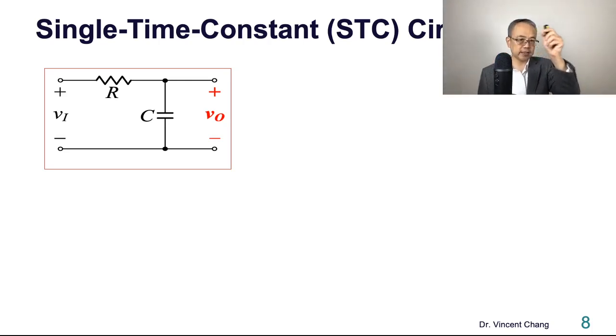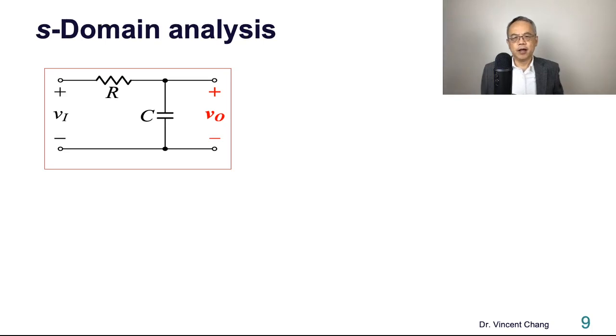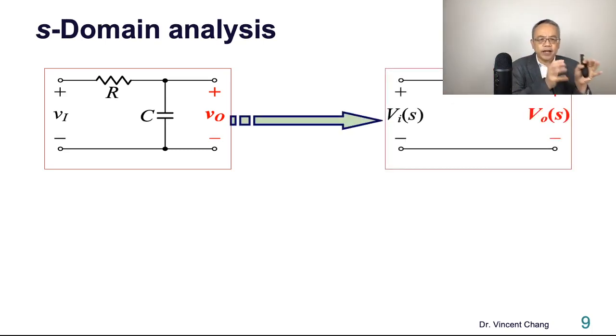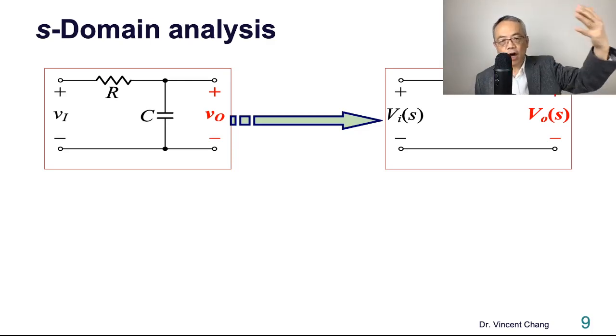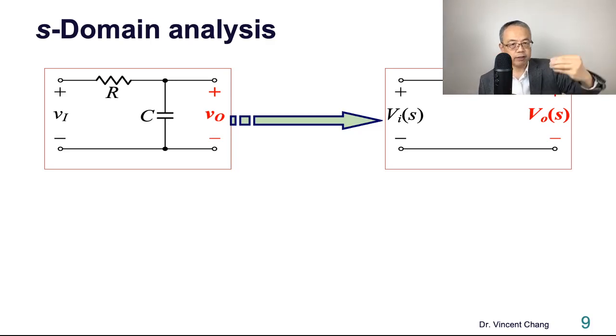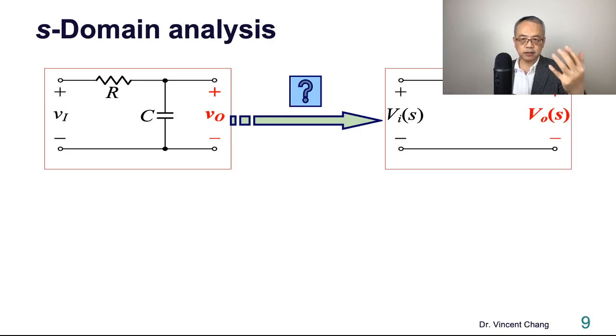The v is lowercase, but usually in the S-domain, I try to differentiate the variable when it comes to complex domain analysis. We use the capital V. So capital V as a function of S, and capital Vo represents the output voltage in the S-domain.